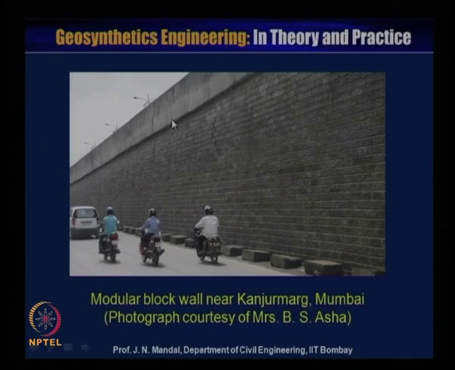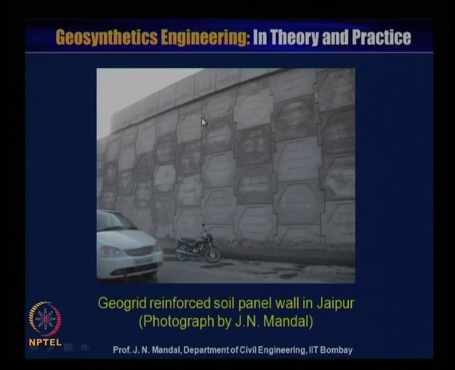Here is a modular block wall in Kanjurmarg, and this photograph is courtesy of Dr. Asa. Here a geogrid reinforced soil panel wall has been used in Jaipur. You can see different types of panel.